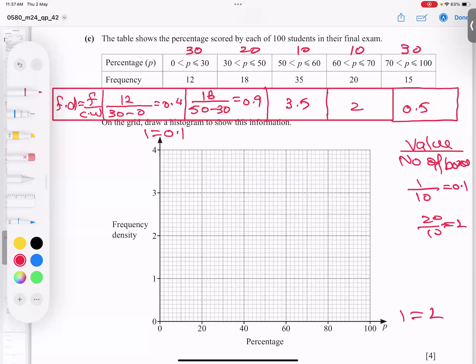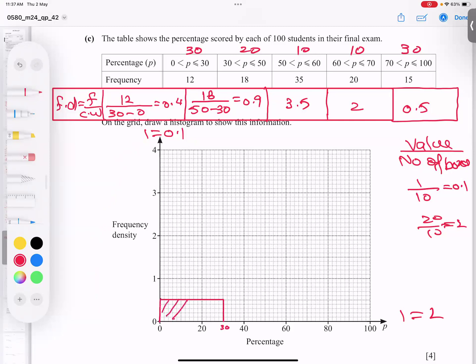So let's start, students. 0 to 30. 0 is here, 30 is in the middle here, and the height is 0.4. As I said, 1 box is 0.1, so 0.1, 0.2, 0.3, 0.4, 4 boxes. Why do I stop here? Because 30.